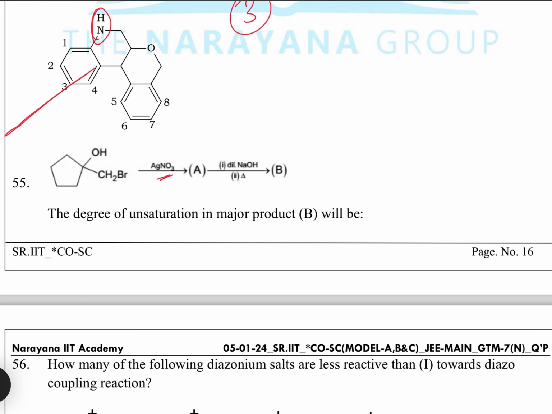Dilute NaOH means here it should go like, what do you say? Yeah, aldol condensation. Aldol condensation should take place with a 5-member ring with one double bond, O, one OH, and 5 carbon. If I am not wrong, the structure of this product must be with a 5-member ring, C double bond O, like that it should be.